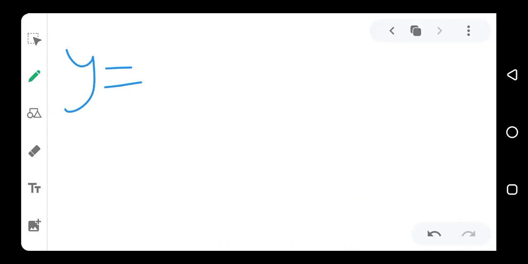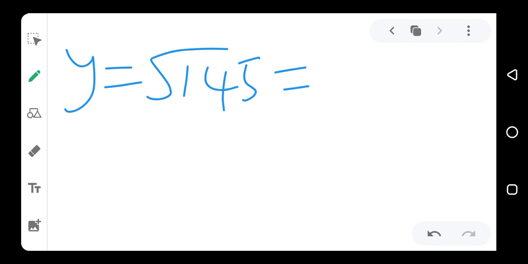y is equal to root 145, which we can leave like this, or we solve it. If I find the root of this straight with my calculator, it will give me 12.41.